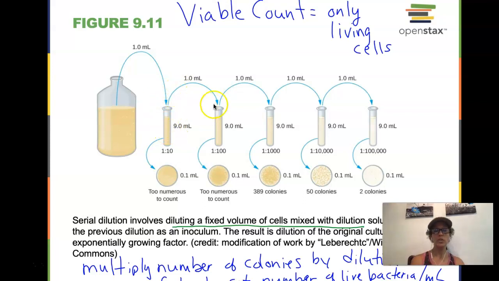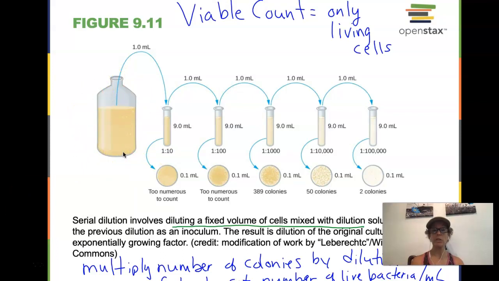Once we do those dilutions, make sure they're well mixed, then we can take a proportion of that and spread it onto an agar surface and count the number of colonies. If you multiply the number of colonies by the dilution factor, then you can back calculate how many live bacteria per milliliter were present in the original solution.